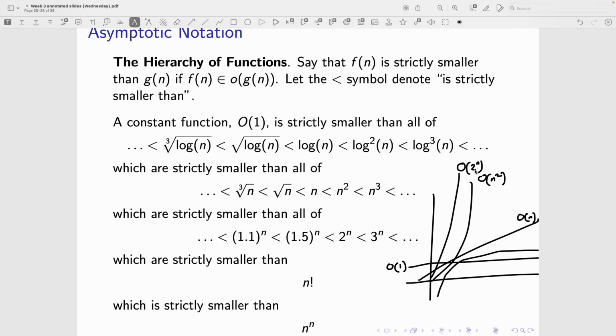Also, another diversion, this has nothing to do with the class, this won't be on the quiz, but my research, which I think is pretty cool, involves a function called the busy beaver function. And that has the interesting property of being uncomputable, meaning that there's no algorithm that can ever compute its values for a given input. And it grows faster than any computable function.